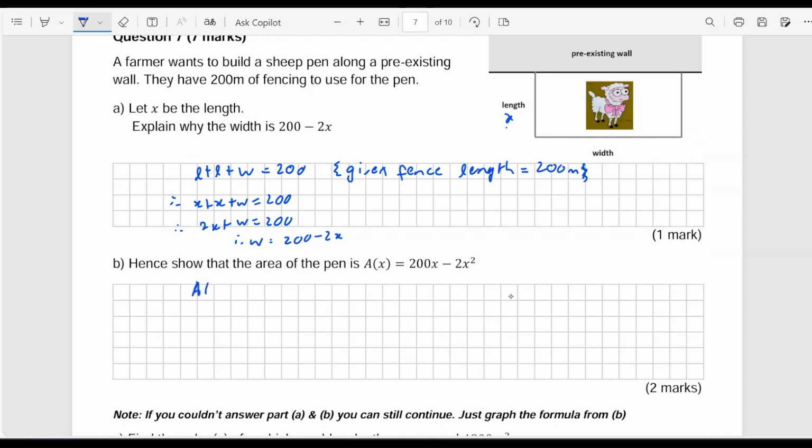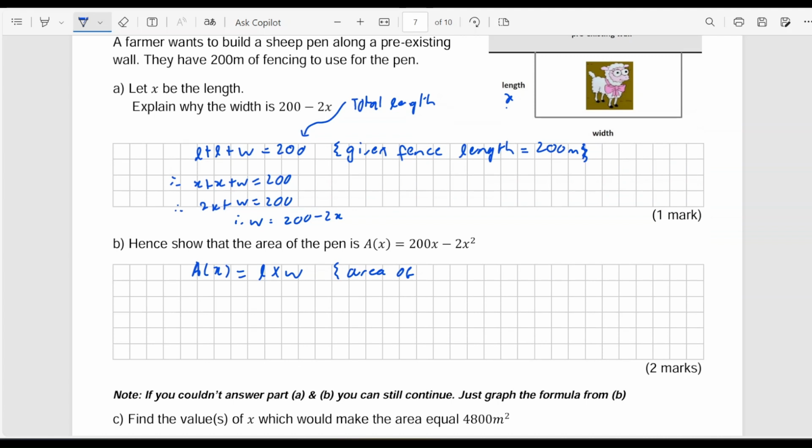Now the area is going to be length times width. Now to show that question, I might actually put back up here total length, just to make that extra clear. Area of rectangle, therefore the area is, the length is x and 200 take away 2x.